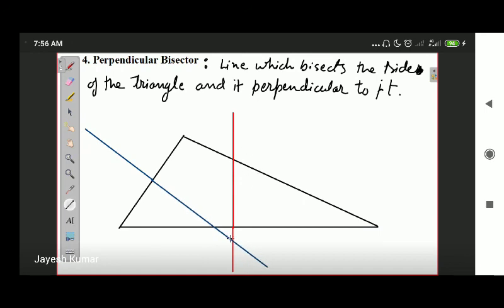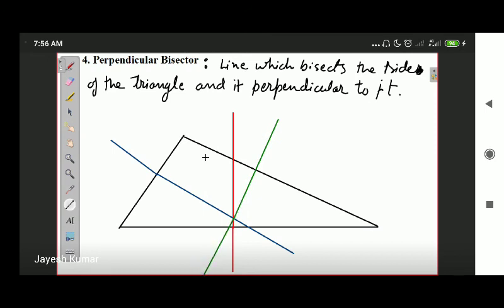And finally, this one. This is a right angle, 90 degrees. Okay, so this is a perpendicular bisector.